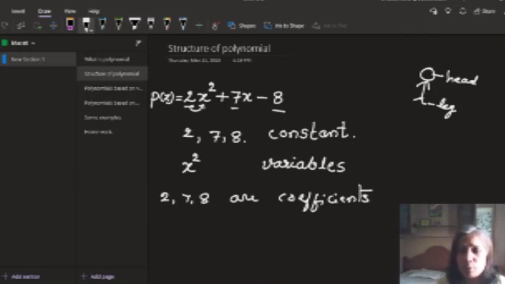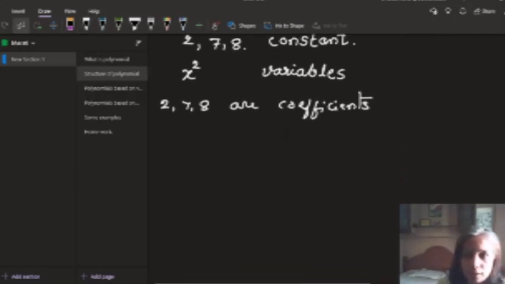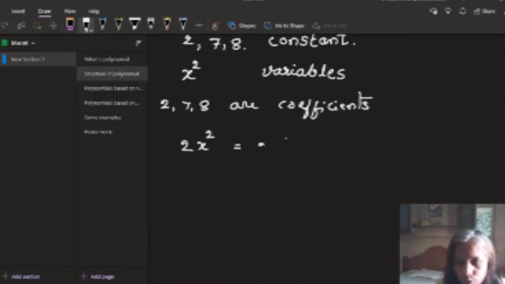Here one more thing, every student has confusion about 2x square. In 2x square, 2 is constant, you know, and x square is variable.